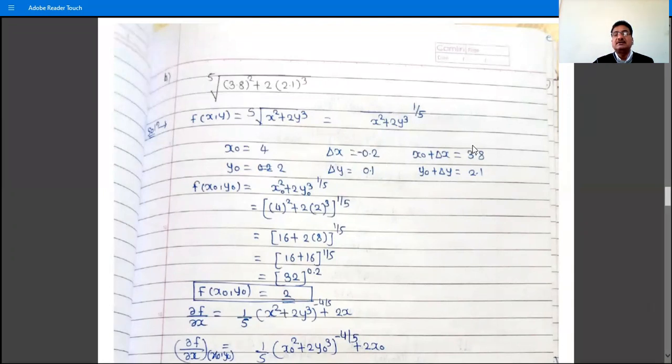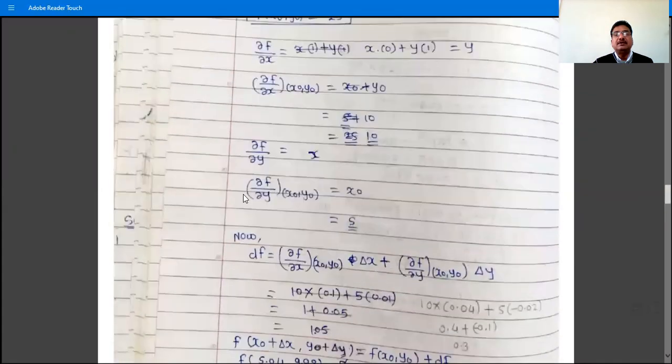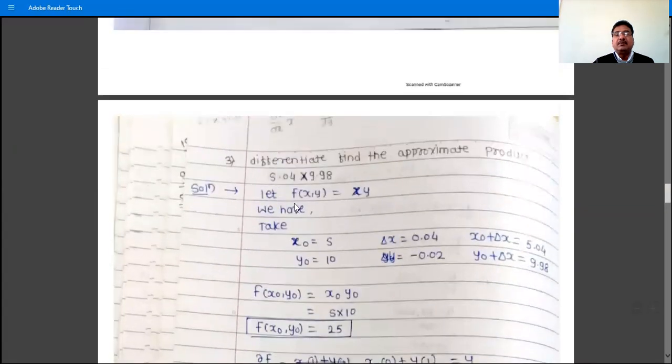Then take the nearest integer to 2.1. It is 2, so y naught is 2, and take delta y as 0.1, and therefore y naught plus delta y is 2.1.